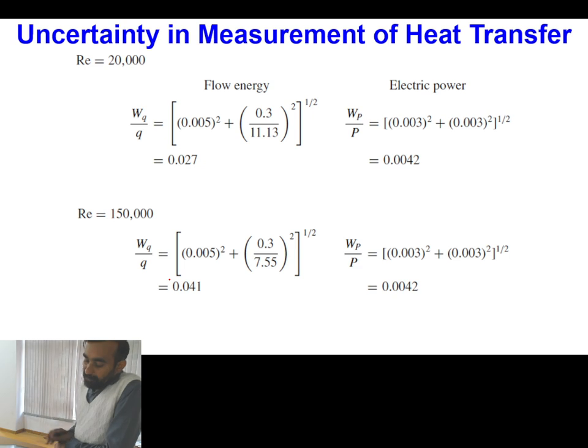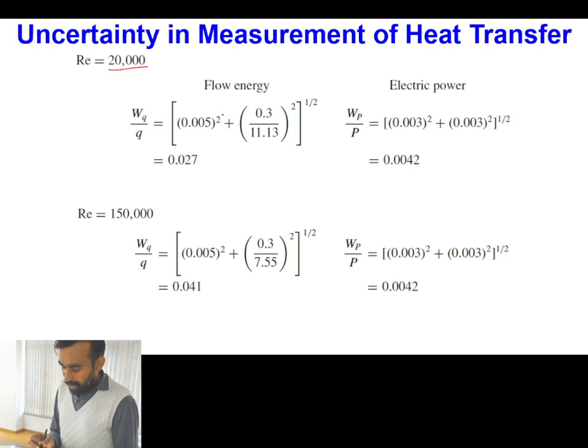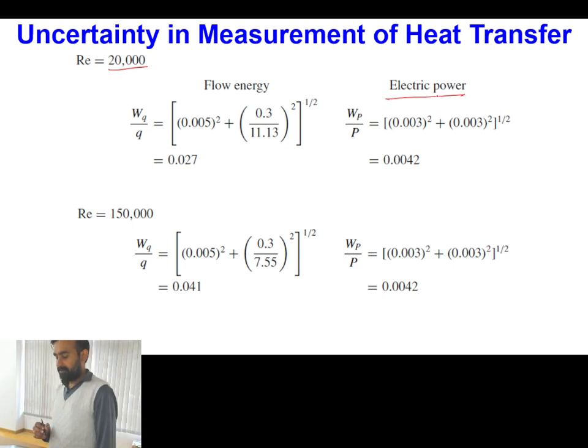Now what we need to do is uncertainty analysis. For doing uncertainty analysis, first I have taken a Reynolds number of 20,000, and here I am writing power using two ways. One is electric power. What is the meaning of electric power?